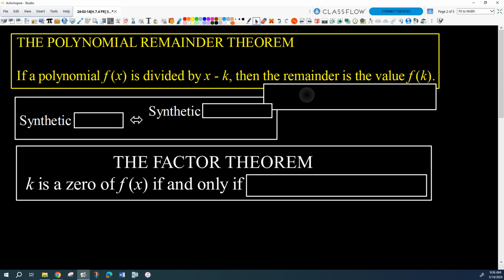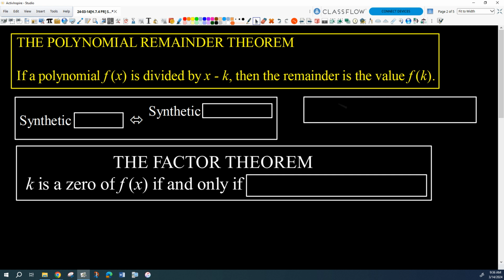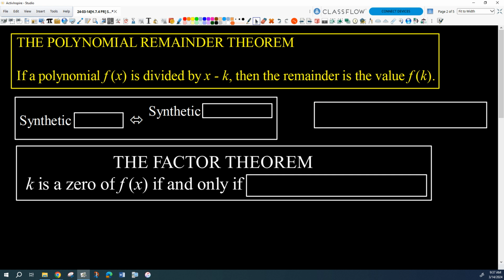Right? The remainder is the value f of k. That makes sense? If I plug k into the function, what I get in the remainder box is the value of the function at k. Give me thumbs on that one. Does that make sense? And that's the premise of synthetic substitution or synthetic evaluation.